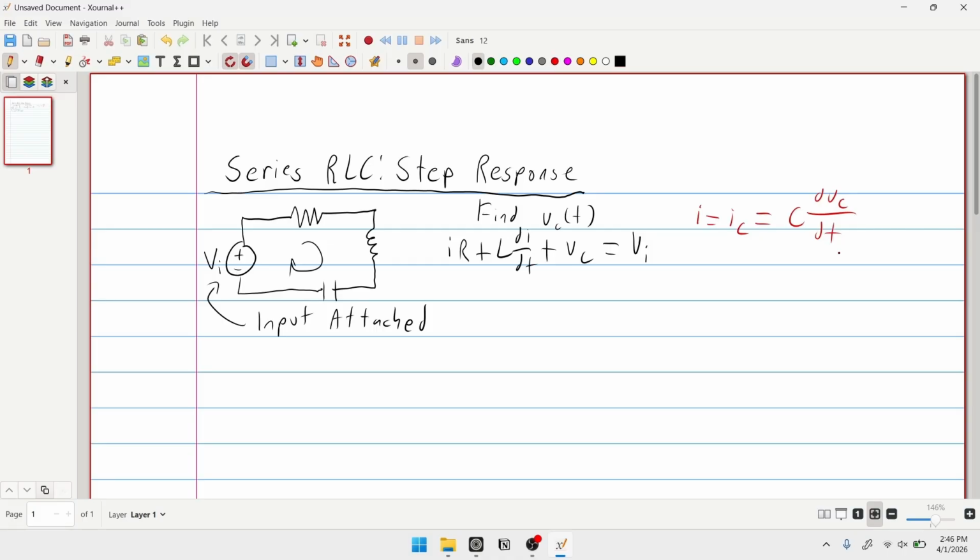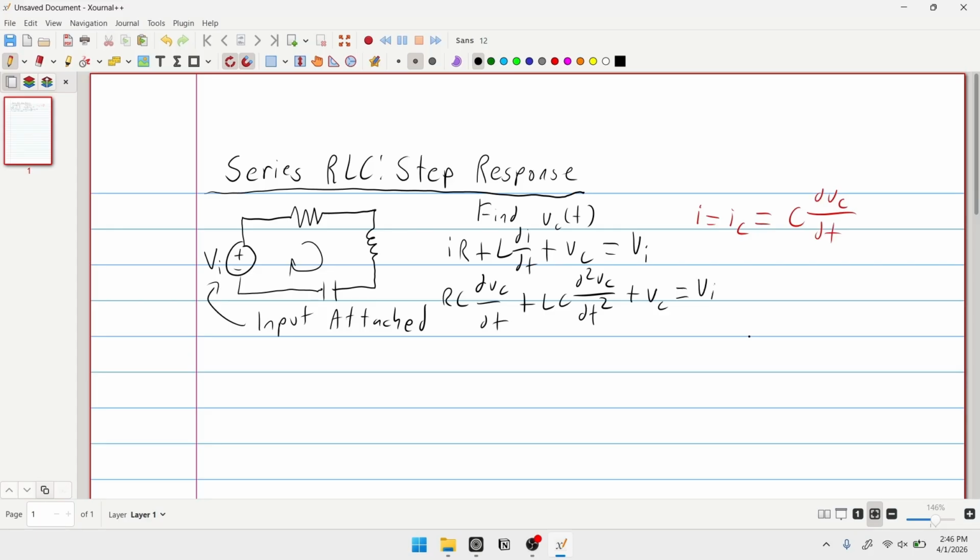Knowing this, we're going to substitute i with C dVc/dt. Plugging in here, we have RC dVc/dt plus LC d squared Vc/dt squared, and then plus V sub C equals Vi.